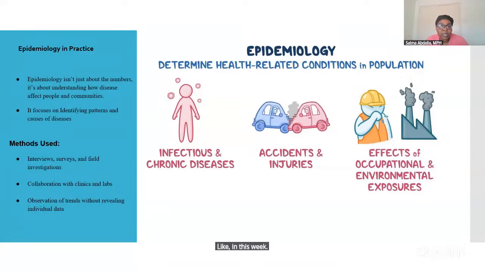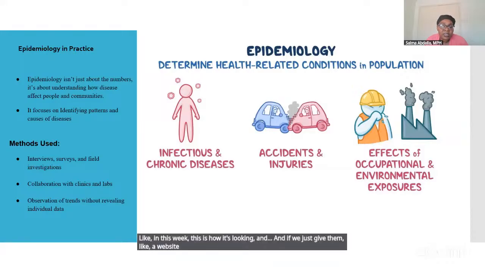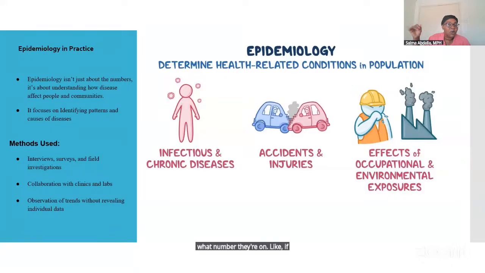We can also give them a website they can go to, and there were a lot of resources. They can go to the CDC website or the Colorado Department of Public Health and Environment website. They can see each county, what number they're on, whether it was in the red zone, how they are doing, and things like that. But it's also important to take time out of our day to explain these trends and how they're looking.